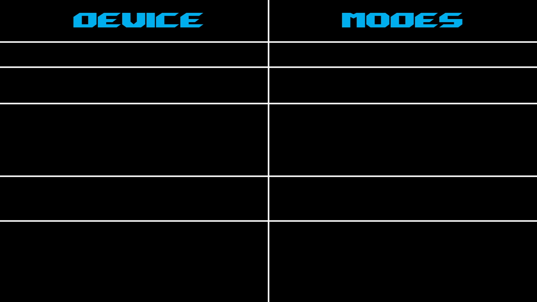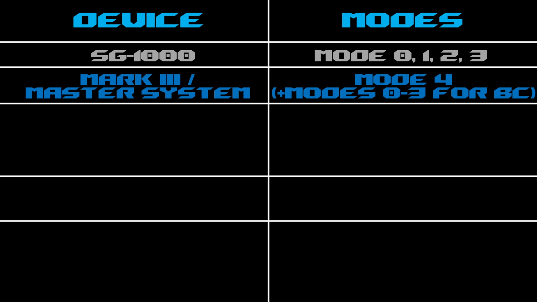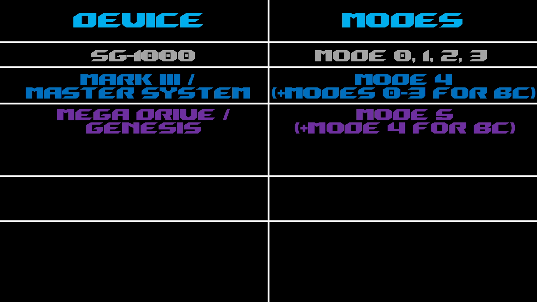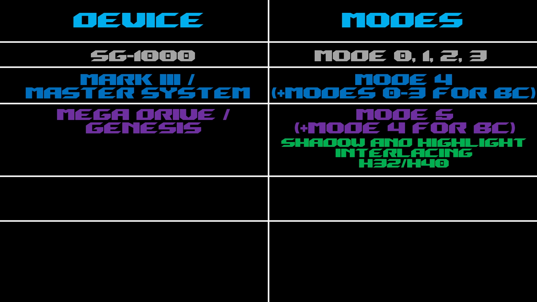So here's an overview of all the modes again. Modes 0 to 3 were used on the SG-1000. Mode 4 was the Master System mode, but retained mode 0 to 3 for backwards compatibility. Mode 5 was the Mega Drive mode, but retained mode 4 for backwards compatibility. Within mode 5 you had additional optional modes: Shadow and Highlight, Interlaced, which had modes of its own, and a lower resolution mode.